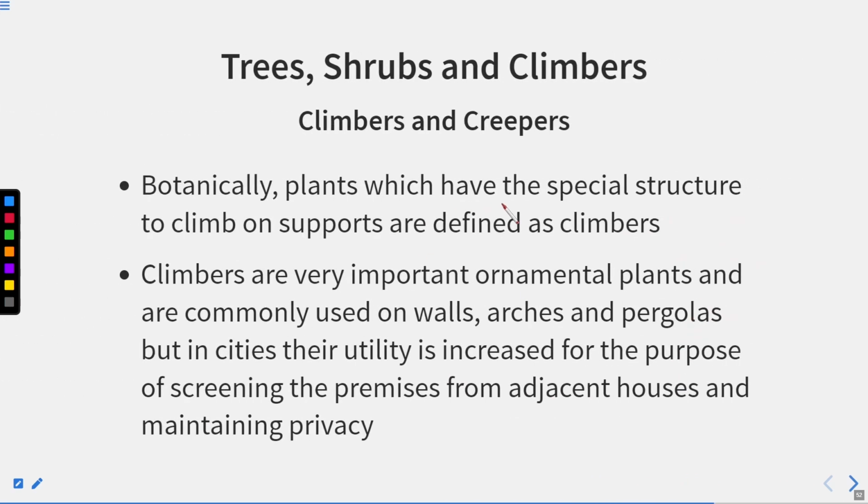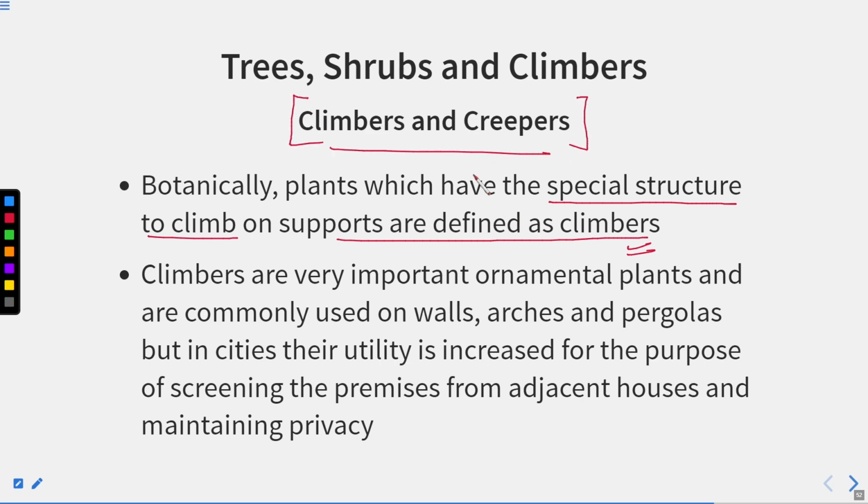Botanically, plants which have a special structure to climb on supports are defined as climbers. So our third category of plants is climbers and creepers. They are basically weak plants and require some support to be erect so that they can capture light, right?